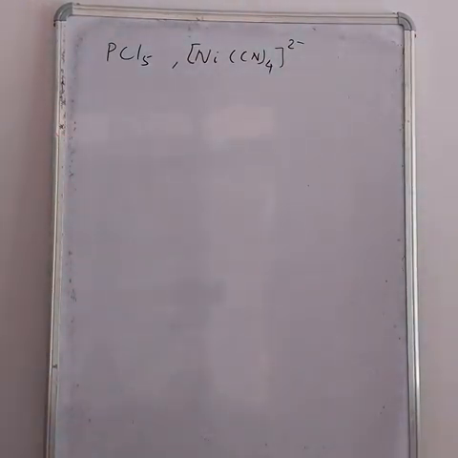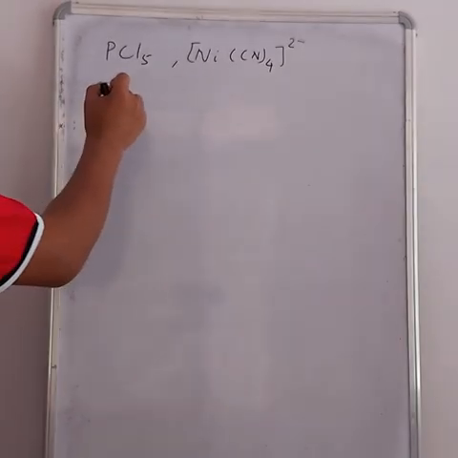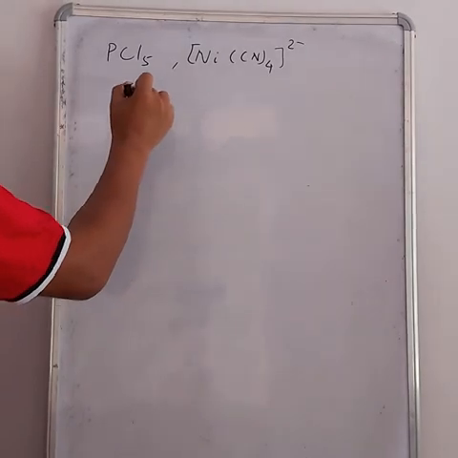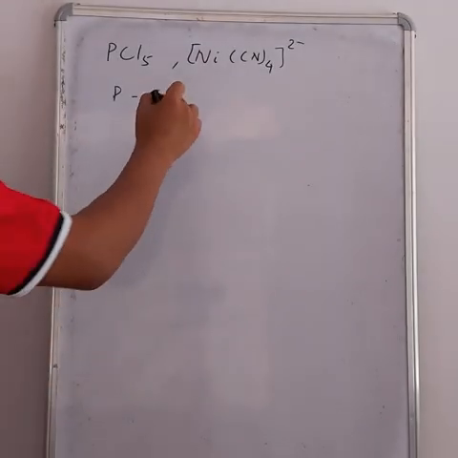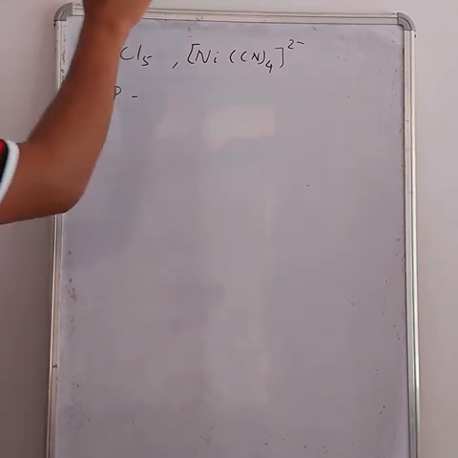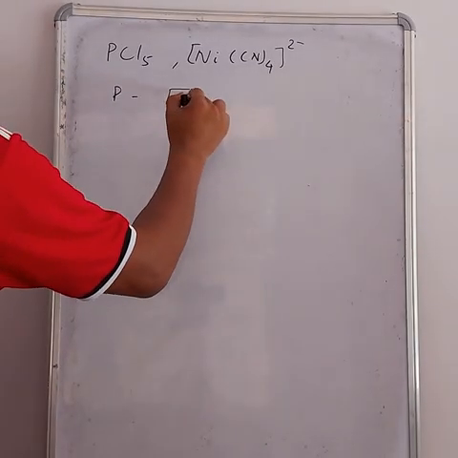So if we try to predict the hybridization state of phosphorus pentachloride, we know that phosphorus has 3s and 3p. So it has 5 valency.